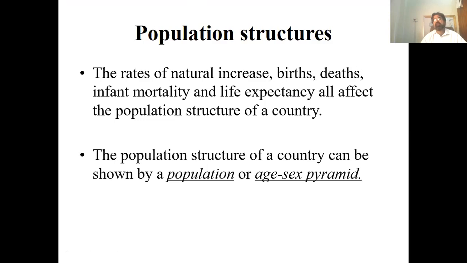If they have less life expectancy, the deaths will be more, and there will be a decrease in the population structure. The population structure of a country can be shown by a population or age-sex pyramid.